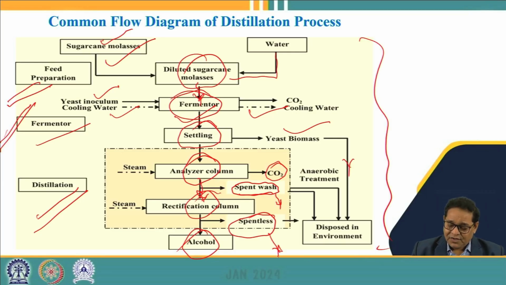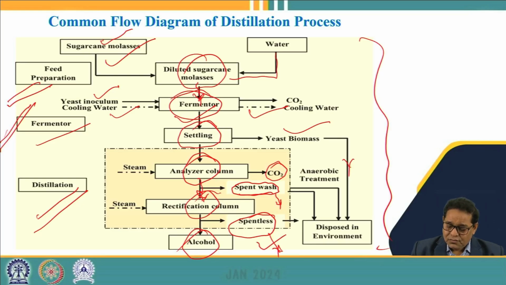This type of wastewater is generated after the rectification column. It may also contain some fractions of alcohol which was not evaporated, and also some part of the BOD and COD. This is comparatively lesser in strength as compared to the spent wash.